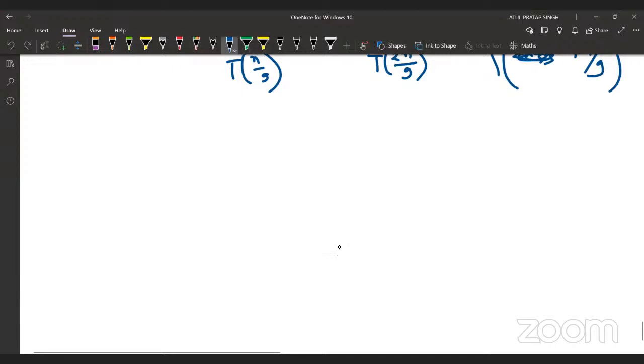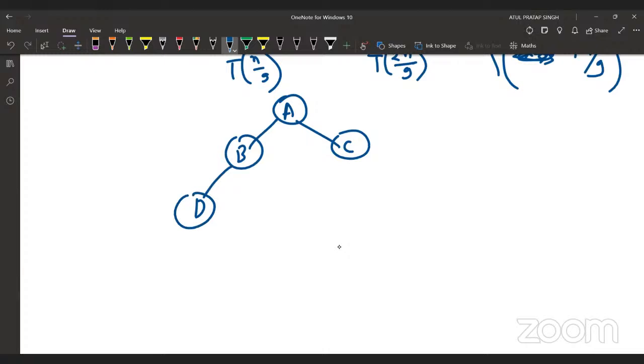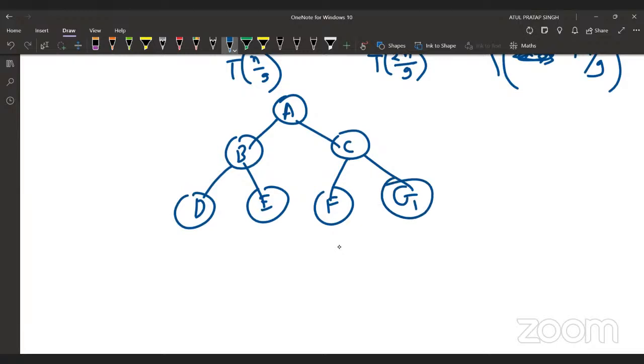For example, we have a tree like this, with nodes A, B, C and so on.